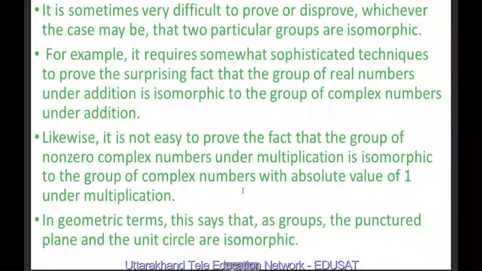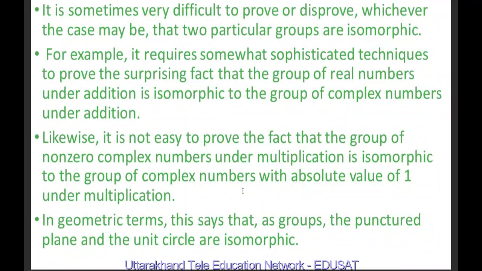It is this difference of viewpoint that has stimulated tremendous progress in group theory and many other branches of mathematics in the 20th century. It is sometimes very difficult to prove or disprove, whichever the case may be, that two particular groups are isomorphic. For example, it requires somewhat sophisticated techniques to prove the surprising fact that the group of real numbers under addition is isomorphic to the group of complex numbers under addition.